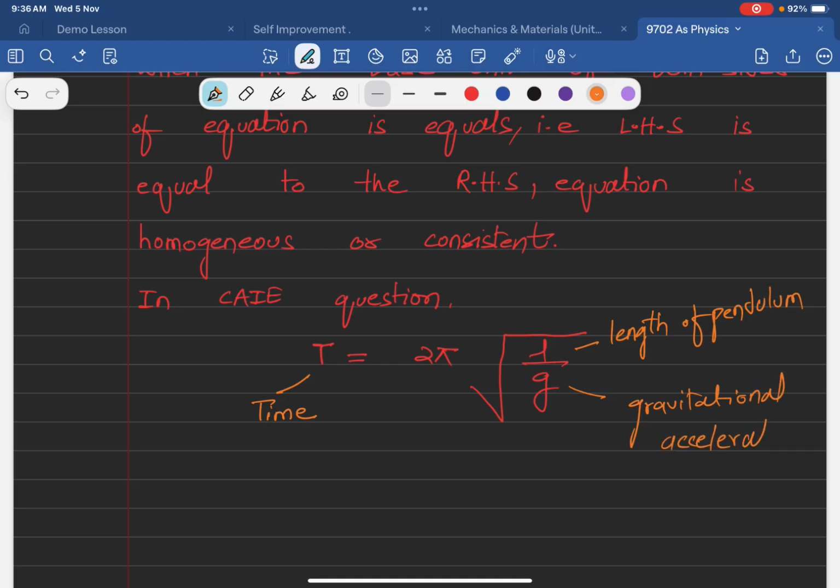So he or she is going to tell you the equation, the name of the variables, and then ask you to find whether the equation is homogeneous or not.